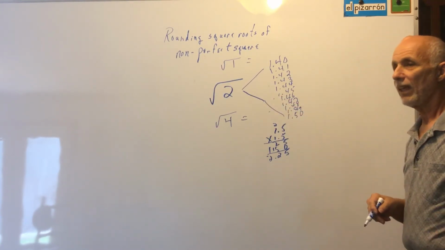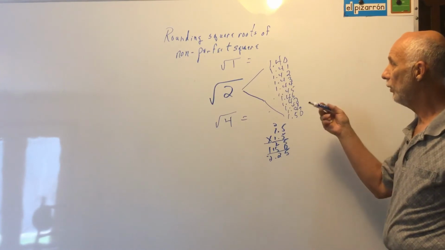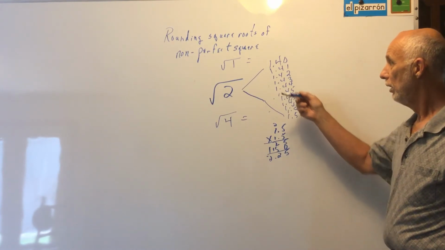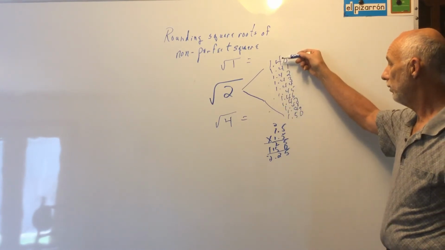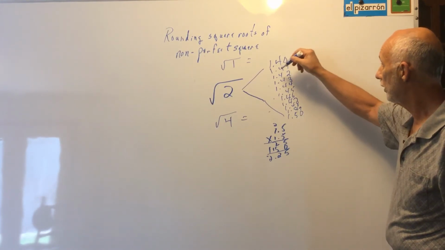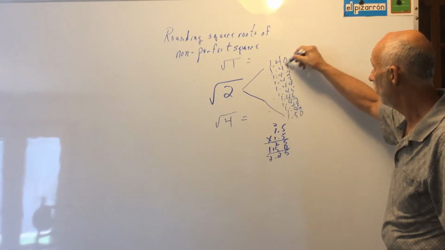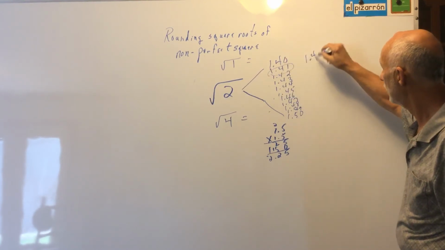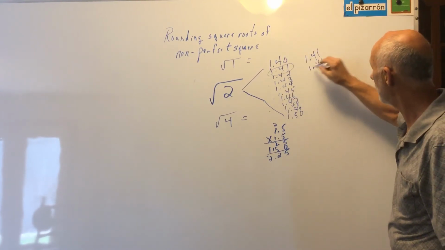So again, if I took an educated guess, I know it's going to be closest to 1 and 4 tenths. It was way closer to 1 and 4 tenths than it was to 1 and 5 tenths. So since it was way closer, maybe I start with 1 and 41 hundredths. That's about as close as you can get.